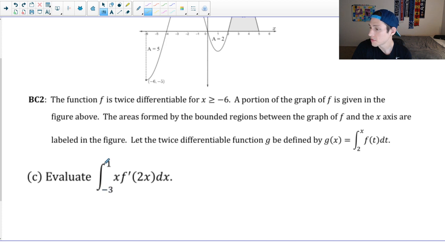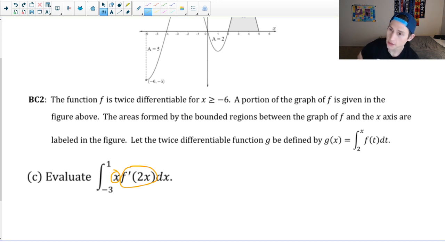Evaluate the integral from -3 to 1 of x times f prime of 2x. Aha. All right. So immediately when I look at this, I'm seeing that I'm taking the integral of two things that are being multiplied together.